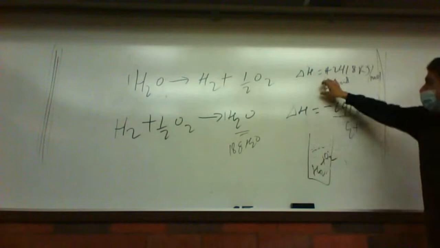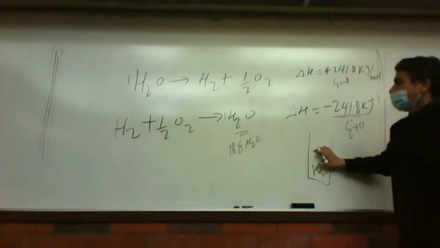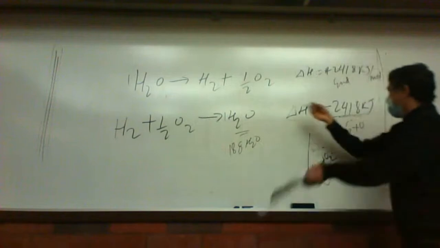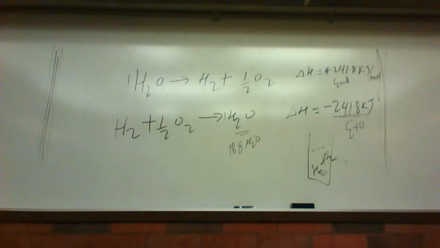So if you do something here with the water, that system is going to be cooled. If you burn it like this, the reaction vessel is going to be hot. Make sense? So if you see the minus there, that's exothermic, meaning it's giving out energy, just like fuel burning. If you burn the fuel in your car, the car engine becomes very hot, right? So that's an exothermic reaction. Make sense?